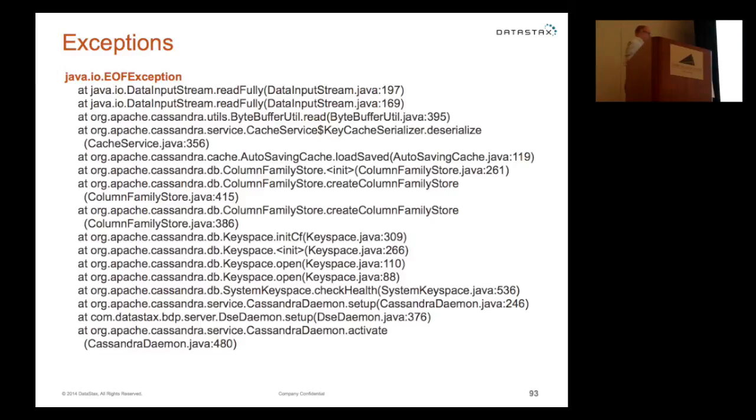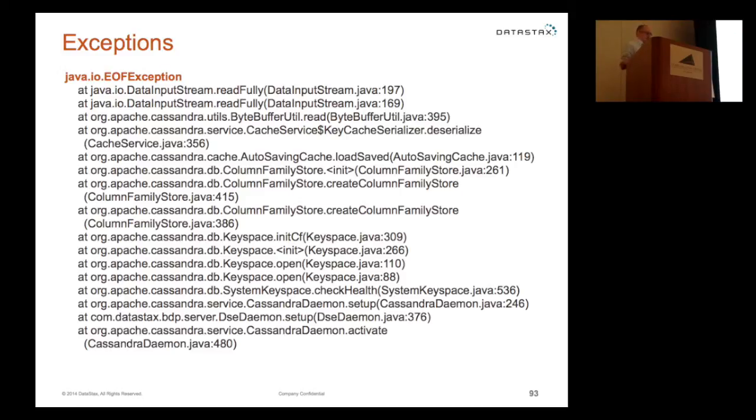And then you've got com.datastax.bdp, which is the DataStax Enterprise product. And in addition to the organization, you'll typically also see a part of the package that concerns the subsystem that was affected by the exception.